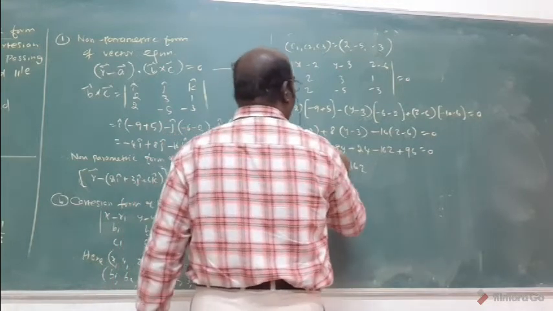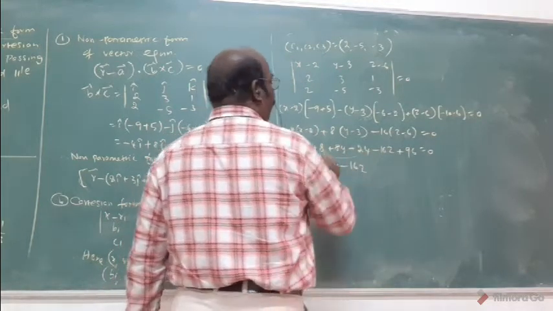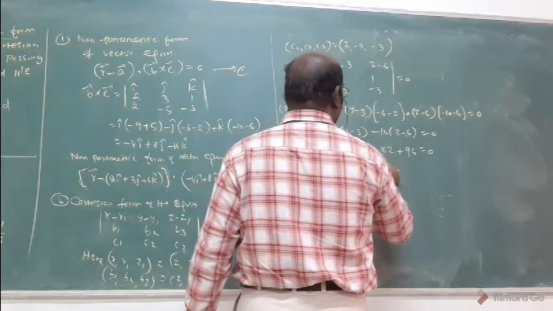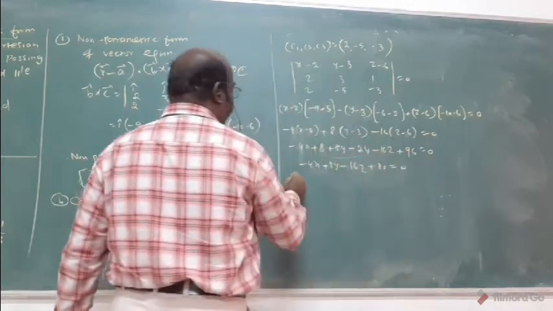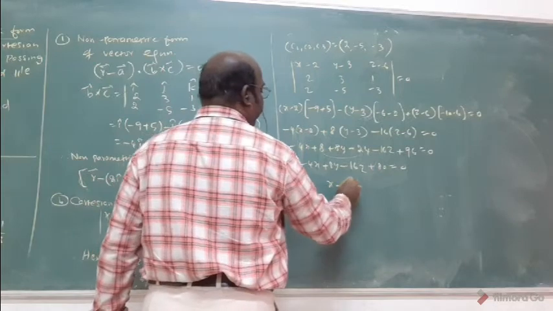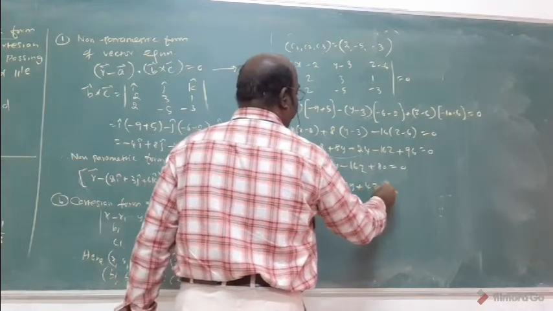Now subtract: 8 minus 16, 24 minus 16 is 8. What are you doing now? Divide by minus 4. x minus 2y plus 4z minus 2.